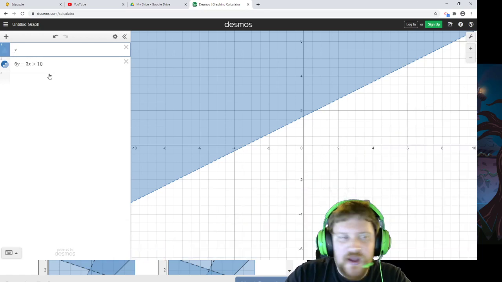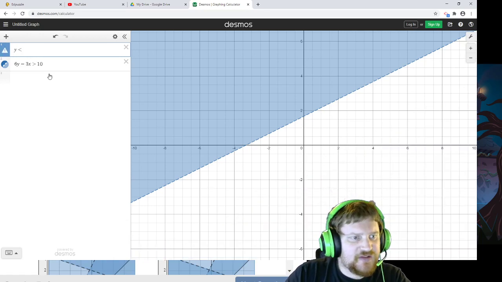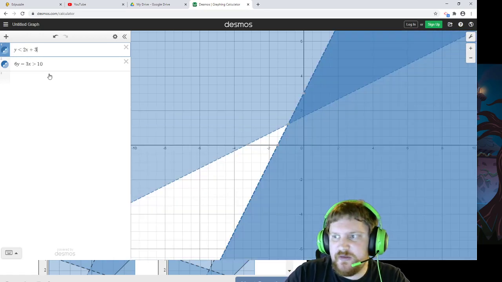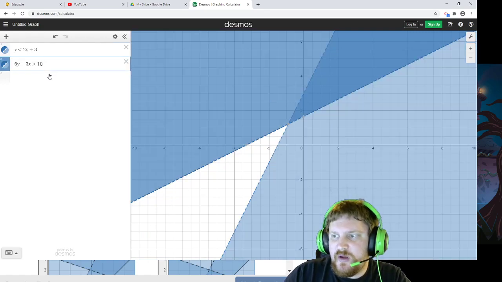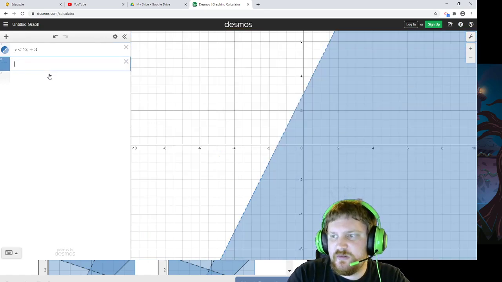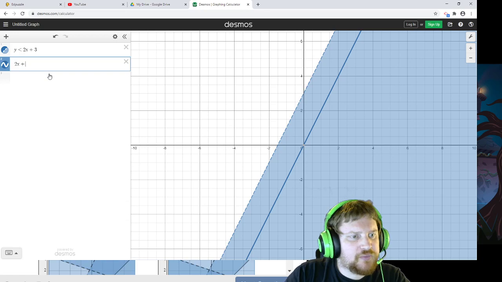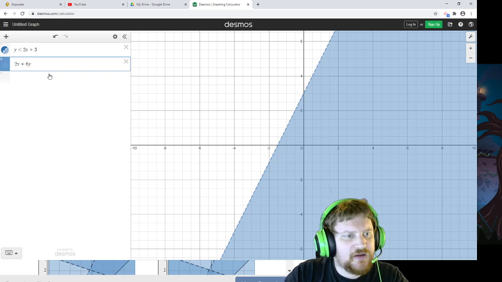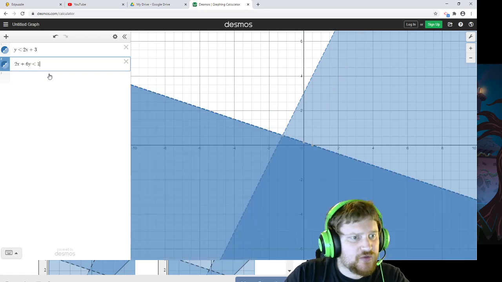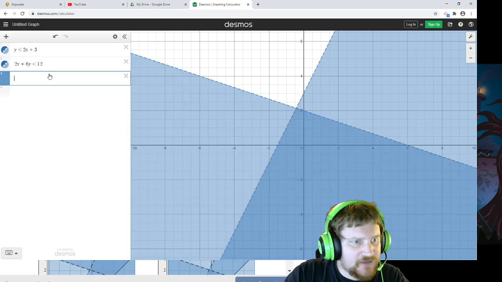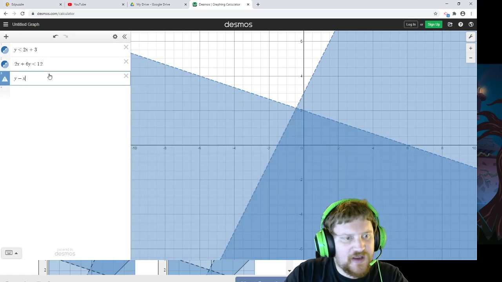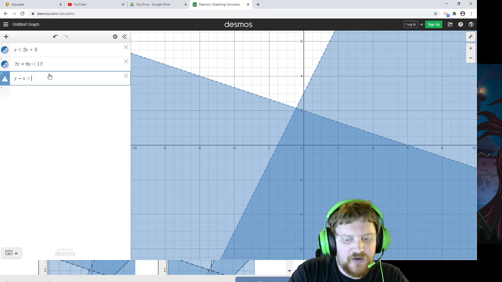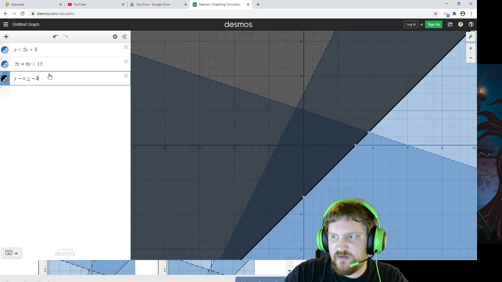So we're going to have y is less than 2x plus 3, and 2x plus 6y is less than 12, and y minus x is greater than or equal to negative 3.